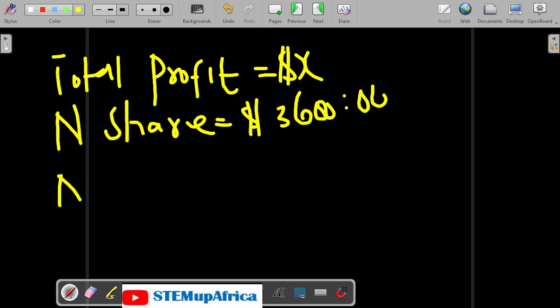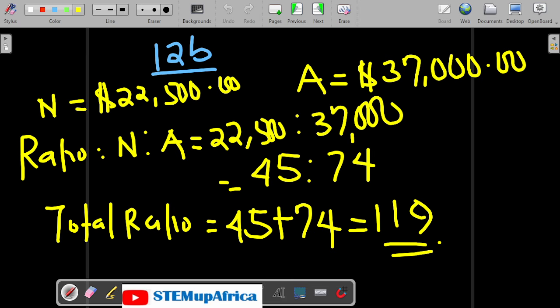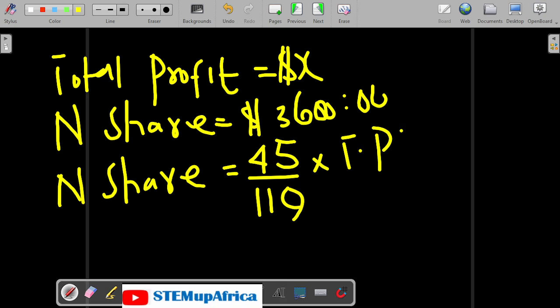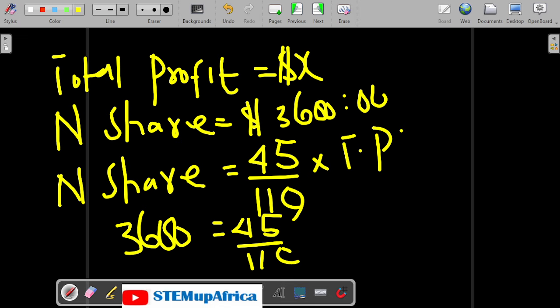So Nadia's share will be its ratio of investment, which is 45, over the total ratio of the investment, 119, times the total profit. So 3,600 is equal to 45 over 119 times X, which is our total profit.